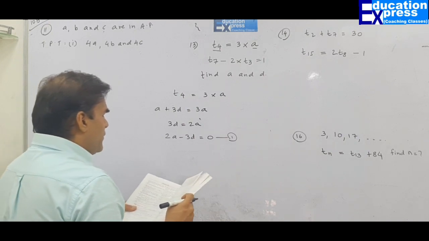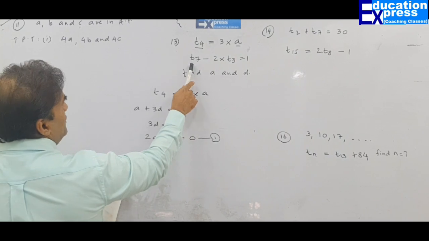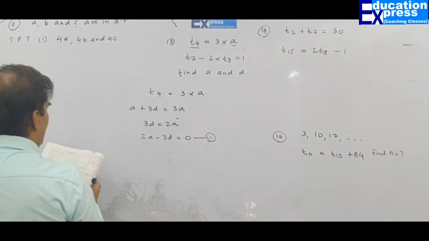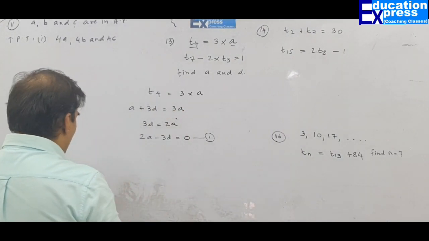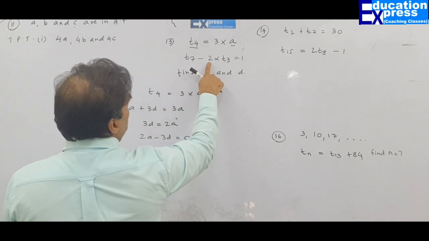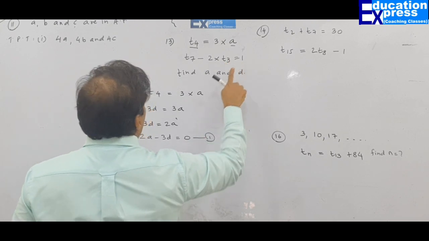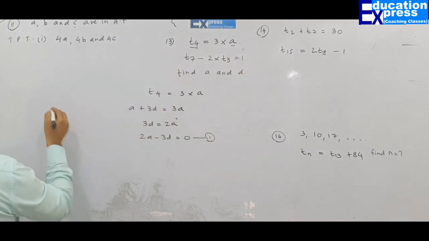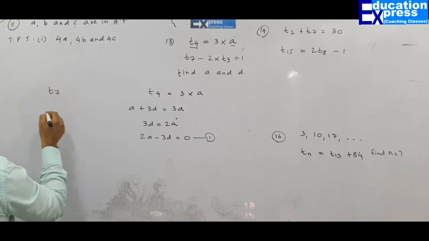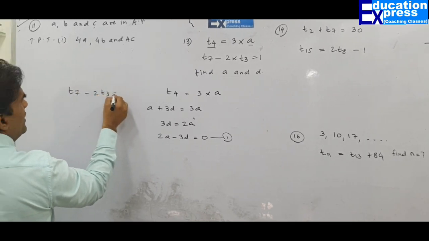It says the 7th term exceeds. So the 7th term is greater than twice the third term, by just 1. So the 7th term minus 2 times the third term is 1. If I substitute, T7 minus 2 times T3 is 1.